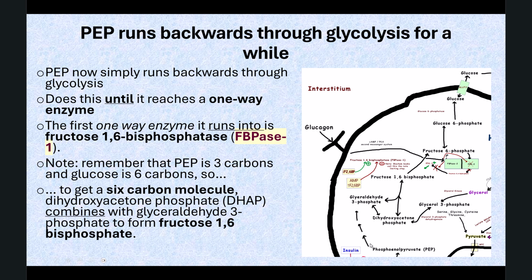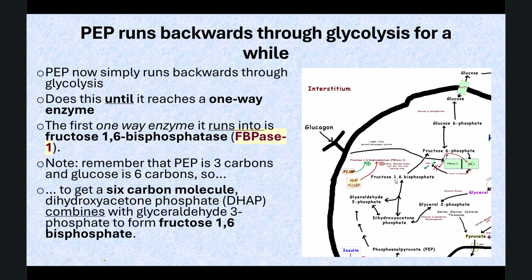So it goes through all these steps until it reaches, well, we'll do the last two steps. Remember, ultimately it's converted to glyceraldehyde 3-phosphate. That's 3 carbons. So some of the glyceraldehyde 3-phosphate is converted into our friend dihydroxyacetone phosphate, which we have some of coming from glycerol as well. So it's important that both of these 3-carbon molecules come together and form fructose 1,6-bisphosphate.